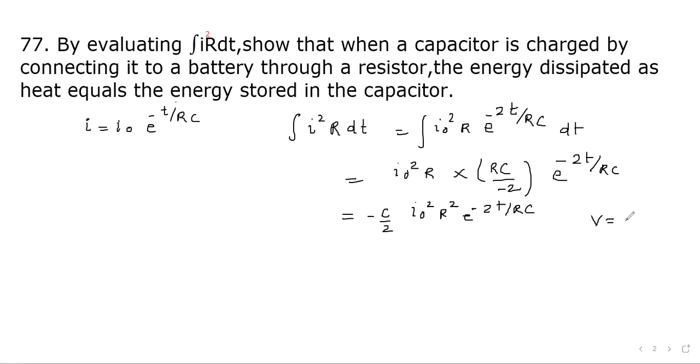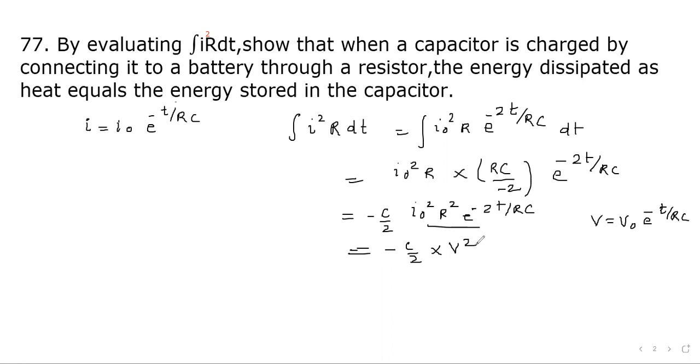If you remember, V equal to V0 e to the power minus t upon RC. So here we can write this in terms of voltage. It will become minus C by 2 times V squared.